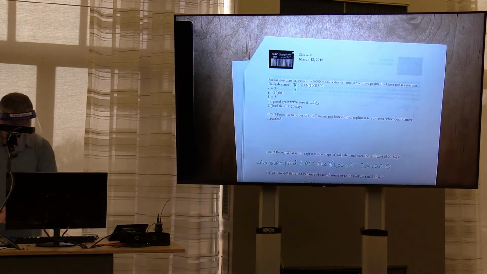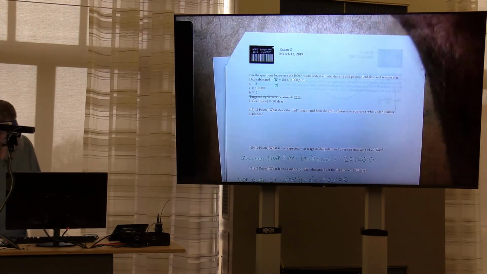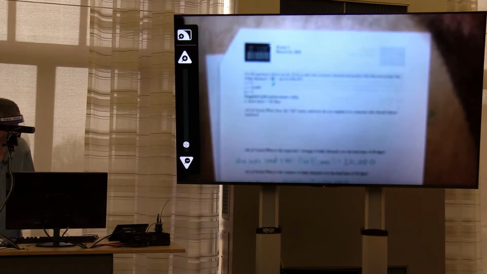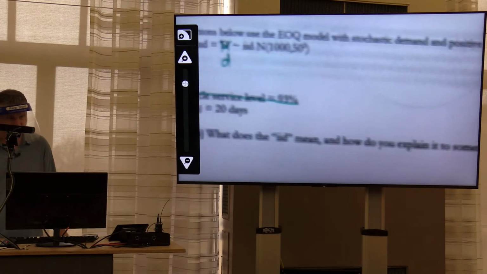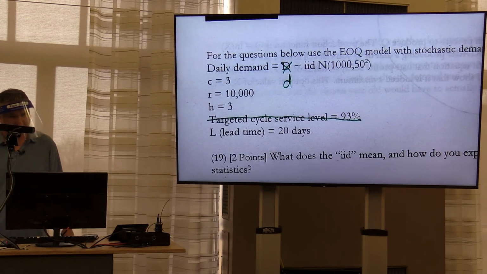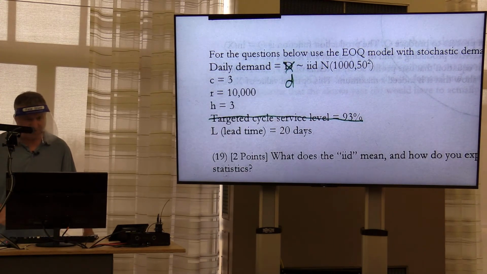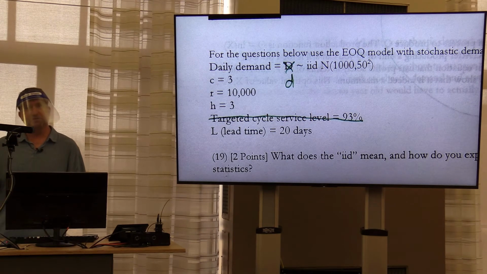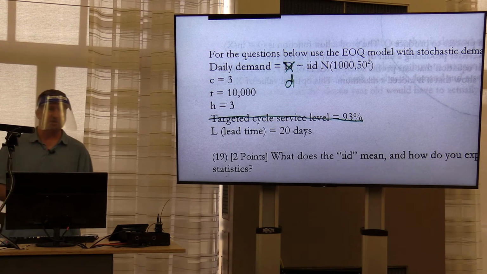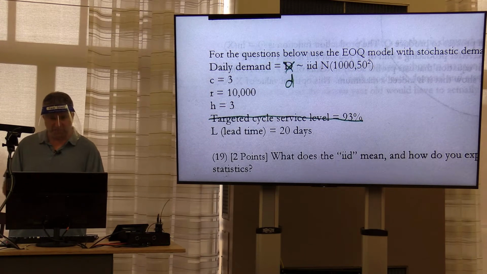One thing to know is that this was 2019 and I've made some notation changes since then. Notice here it says daily demand. Your sheet has big D for daily demand. I'm only using little d for daily demand now, because remember big D is annual demand.